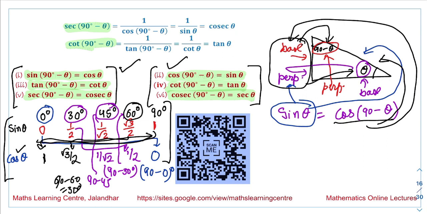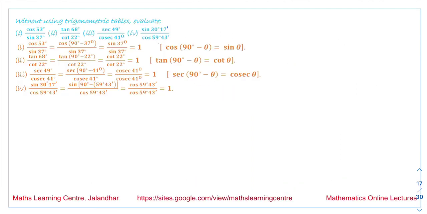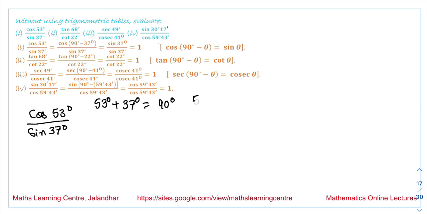Now the next question is, without using the trigonometric table, we have to evaluate these values. First is cos 53 degree over sine 37 degree. What we can see is that 53 degree plus 37 degree is equal to 90 degree. It means we can write 53 degree is equal to 90 degree minus 37 degree.